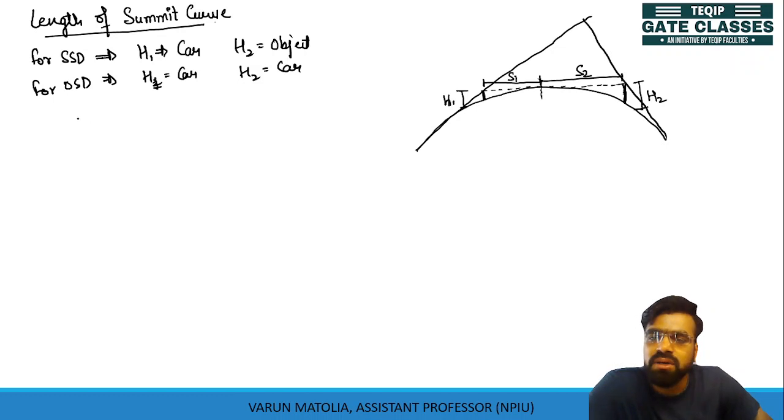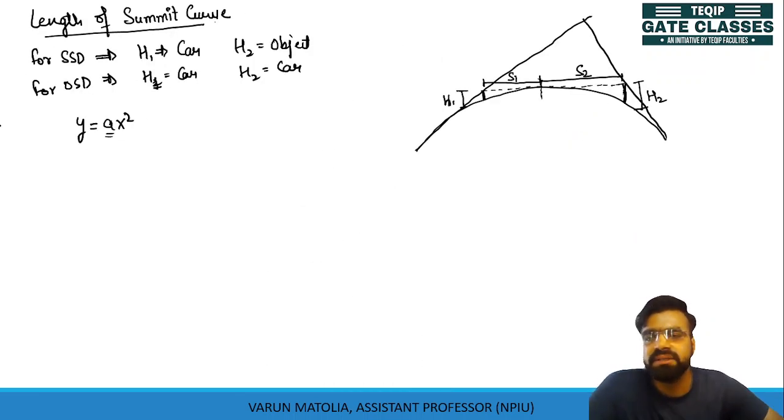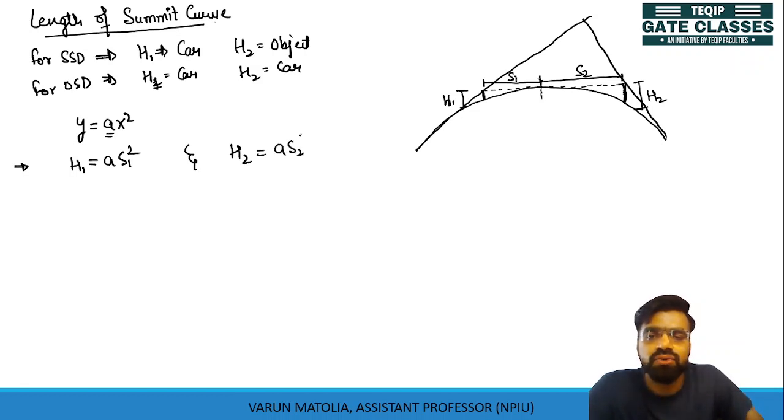We have an equation y equals a x square. The value of a is already calculated here: n by 2L. So if we put conditions, we can write h1 equals a s1 square and h2 equals a s2 square.